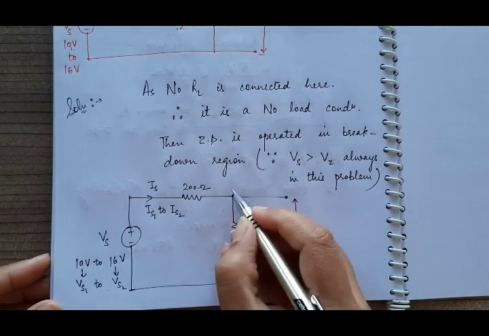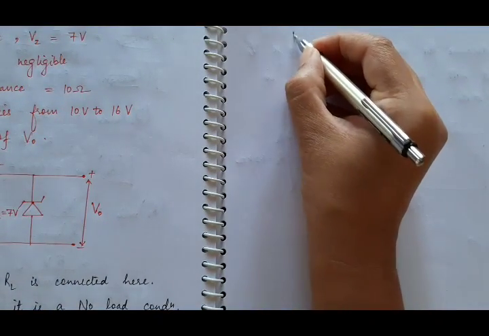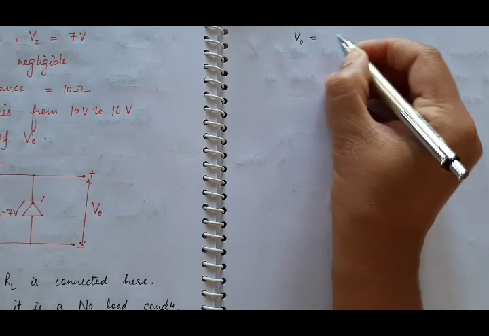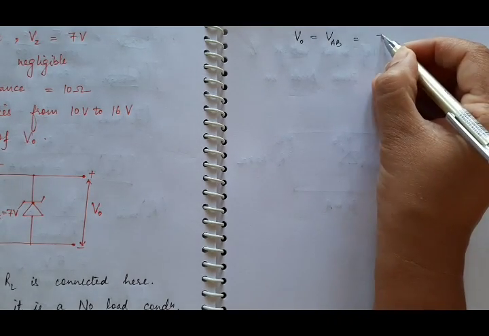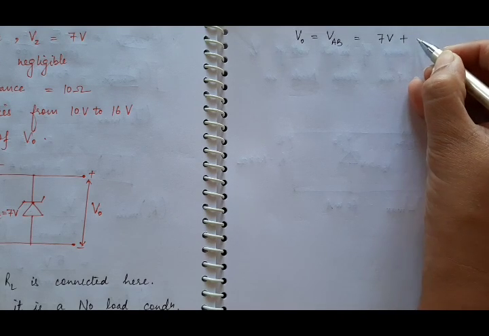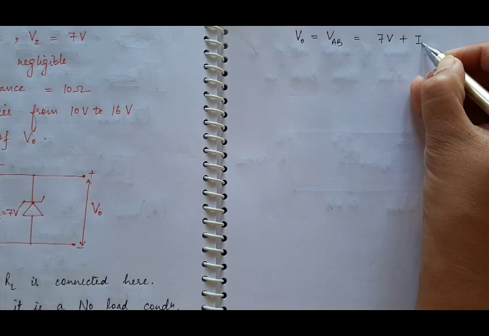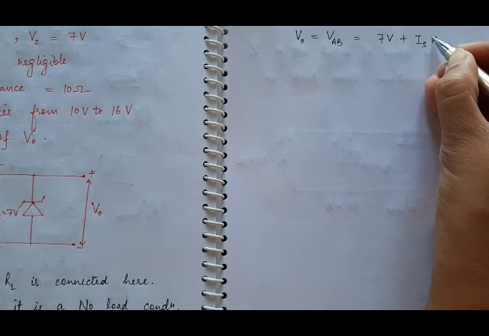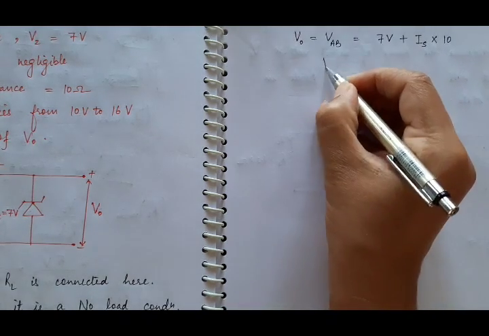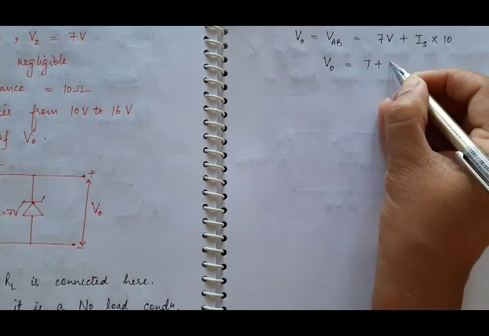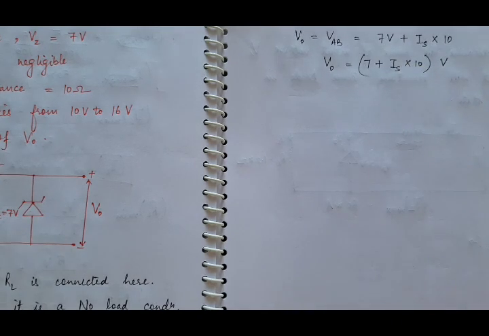So voltage between these AB terminals, output voltage, it will be equal to 7 volts plus voltage drop across 10 ohm resistance. It will be equal to current, that is IS, into resistance, that is 10 ohms. So V0 is 7 plus IS into 10 volts.